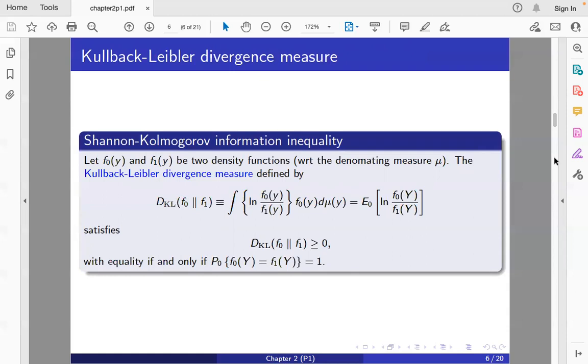But more importantly, we first need to introduce the Kullback-Leibler divergence measure. It is a very important concept, not just in statistics but in many areas, such as signal processing, computer science, and machine learning.